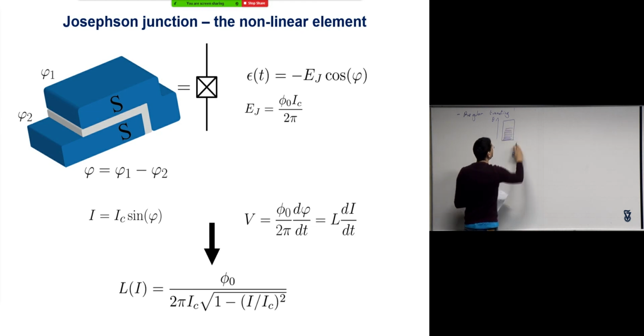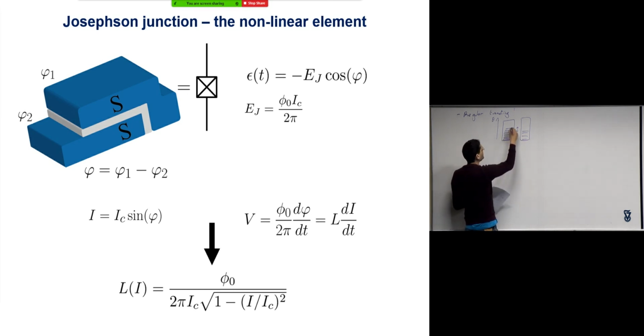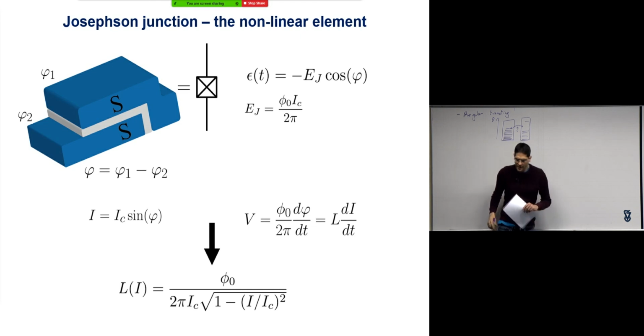Now suppose you have some insulator, and then another metal, and you put some voltage so that your Fermi levels are not the same. An electron is going to tunnel through, but it can tunnel to a whole continuum of other levels and then get scattered.